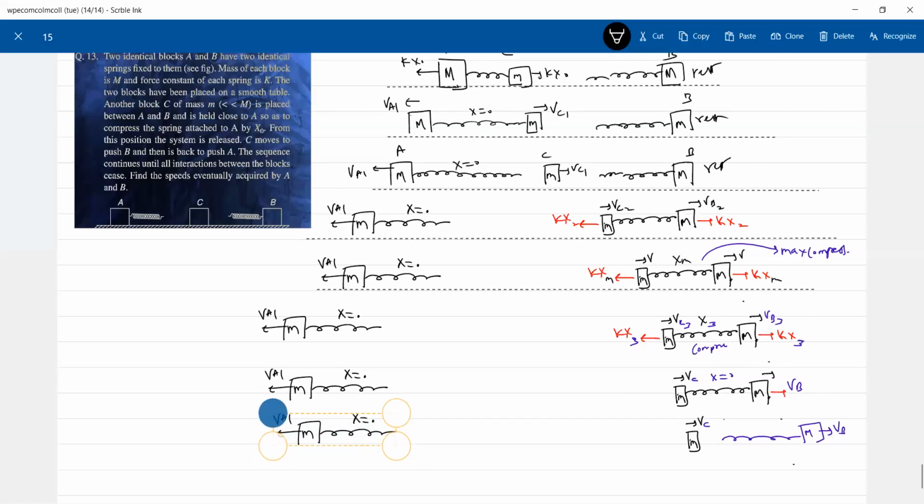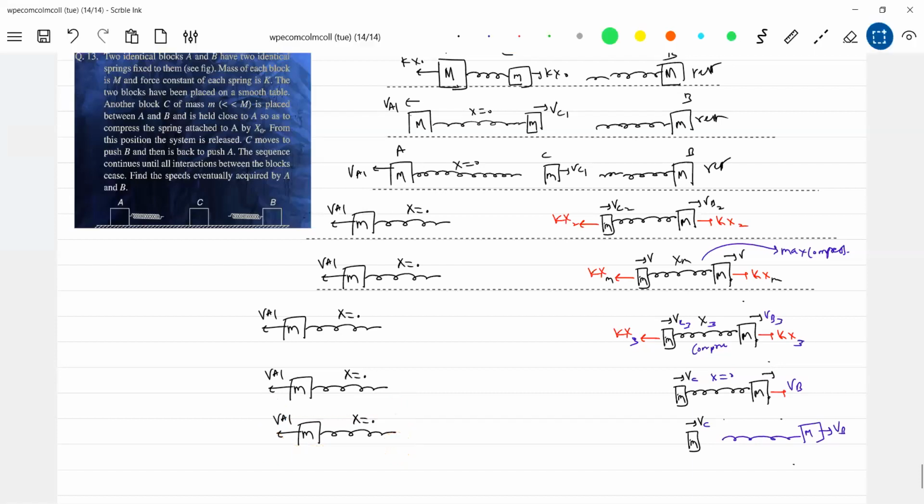So what is our question? Our question asked about finally. You can really solve this problem without drawing all these diagrams also.